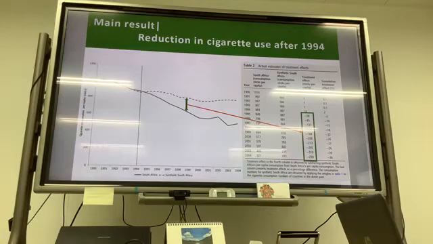So this result represents that there is a great reduction in cigarette use after 1994.